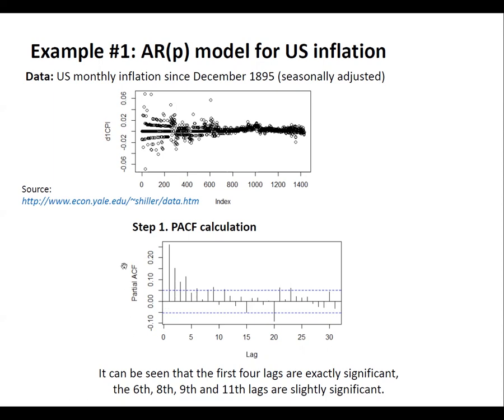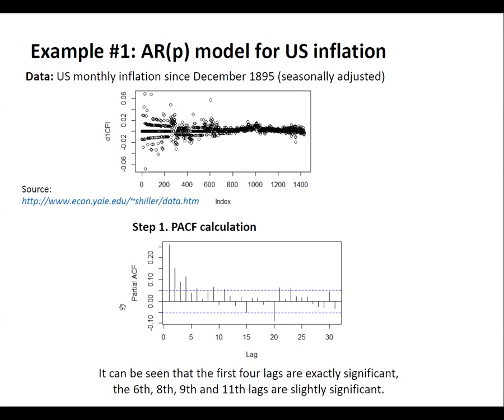So the first step, we calculate PACF. That is, we run the function. It is in the handouts. There is a file, AR model example R. This file contains all the syntax of the used functions. So let's calculate this partial autocorrelation function.